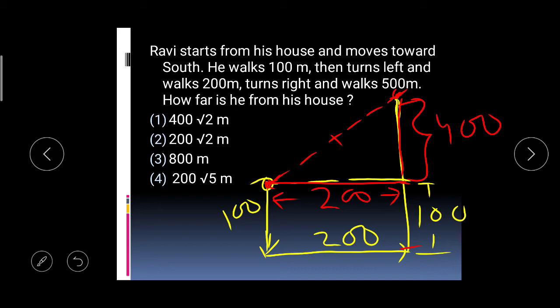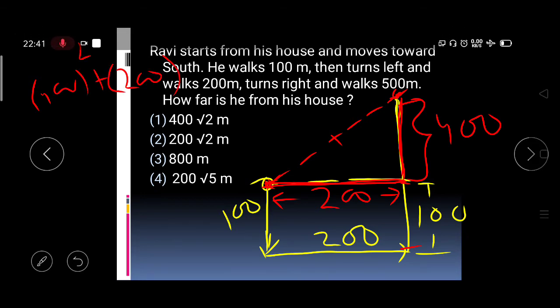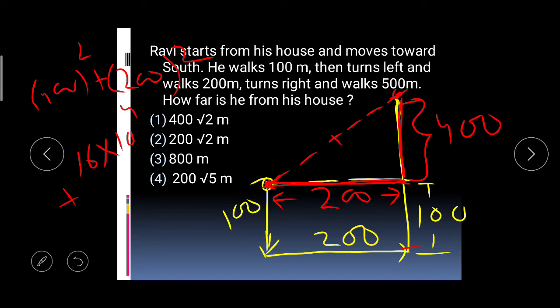So this is what? This is again a Pythagoras theorem. That is 400 square plus 200 square and we need to take the under root. So I will just write 400 square plus 200 square, right, which is how much? 16 into 10 to the power 4 plus 4 into 10 to the power 4, which is equal to 20 into 10 to the power 4.